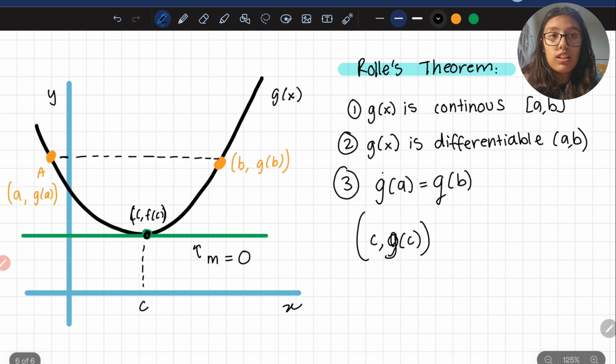And when a line has a slope of 0, it means it's parallel to the x-axis. So therefore, Rolle's theorem just says that in between a and b, if the y values are equal, there must exist a c such that when you draw a tangent at x equals c, the slope will be 0, or parallel to the x-axis.